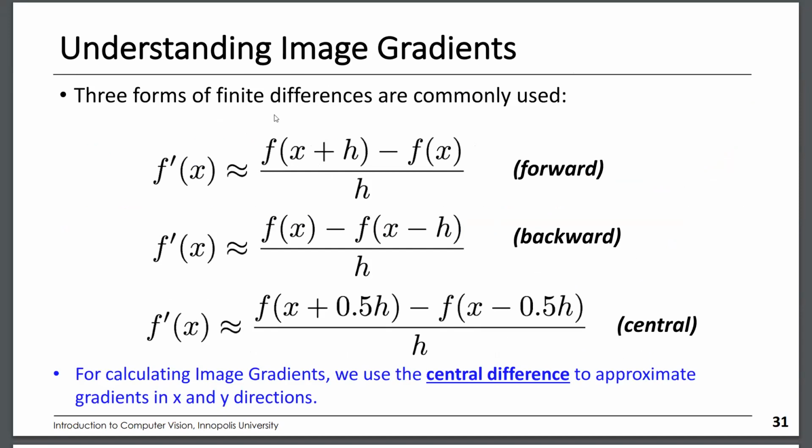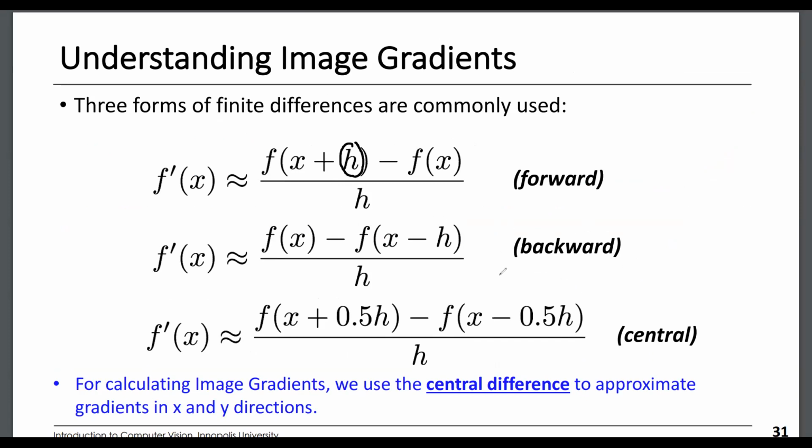There are different types of finite differences, which are very commonly used. There is the forward finite difference, so basically plus h in this case. There is the backward finite difference, or the minus h. So if we are at x, we're looking at x minus h. So we're looking backwards.